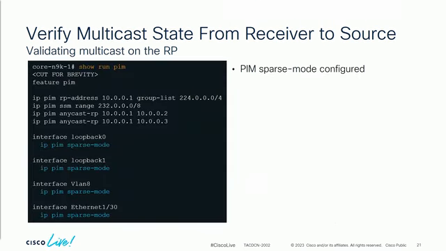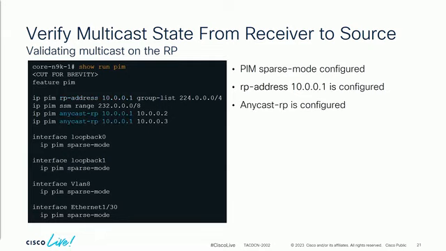The first thing to note is that, again, we look at PIM sparse mode and make sure it's configured on all relevant L3 interfaces. VLAN 8 is configured there. That's good. We have Ethernet 1/30. Again, we don't know anything about that yet, at least. We also have loopback 0 and 1, and I'll address that in a little bit. We have 10.0.0.1 configured as the RP address, which is consistent with the previous North 1 and North 2.